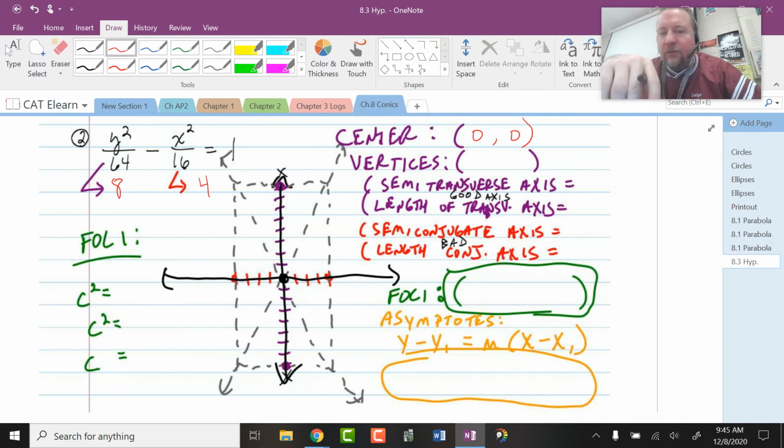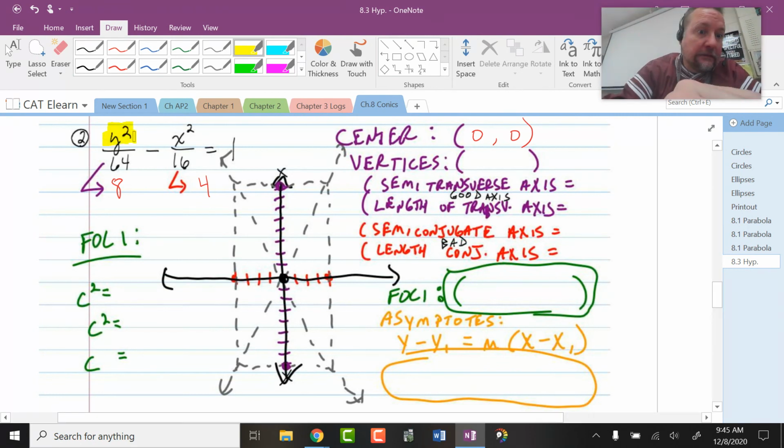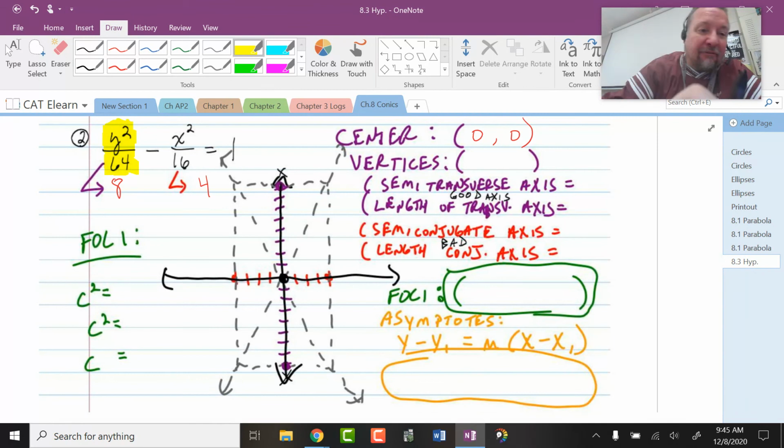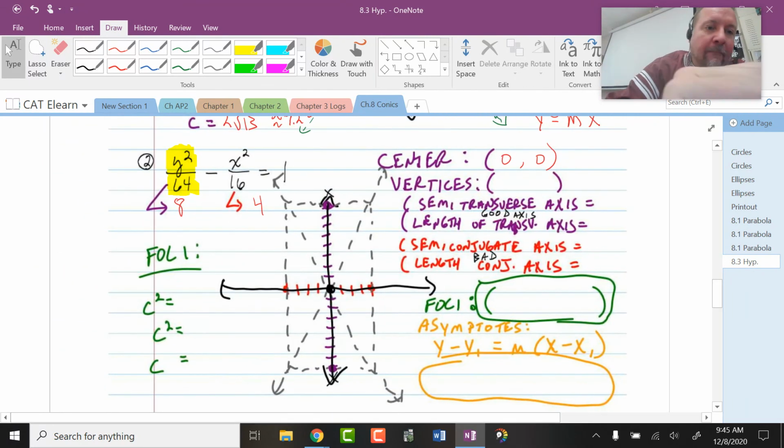Okay, then one more thing, Beatrice. Which way does this go? Is it a right lefter or is it an up downer? And that wouldn't even be an option. It wouldn't just be right. It'd be right left, but it's not right left. Look up here what I highlighted. Y squared. Good. Which way does the y-axis go?